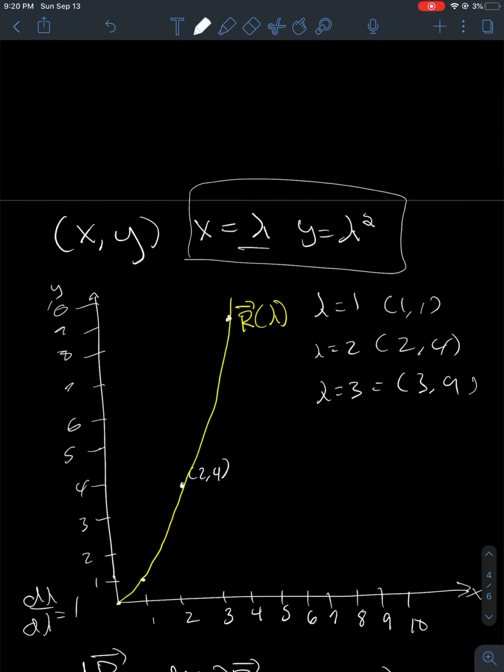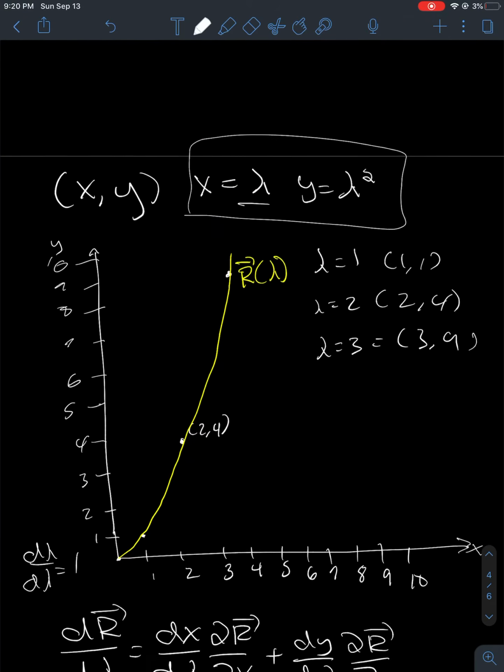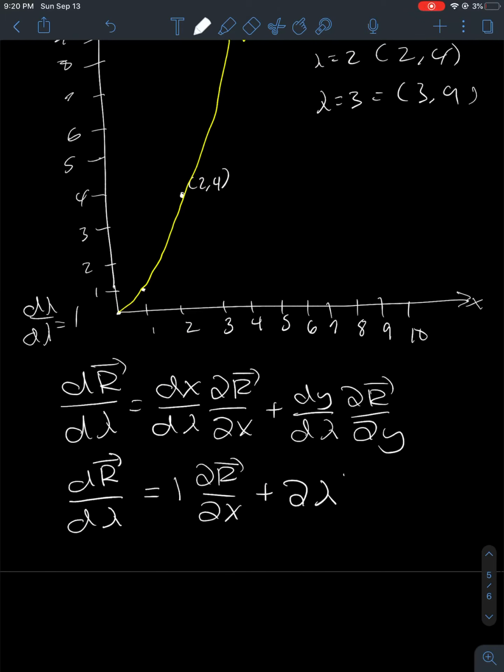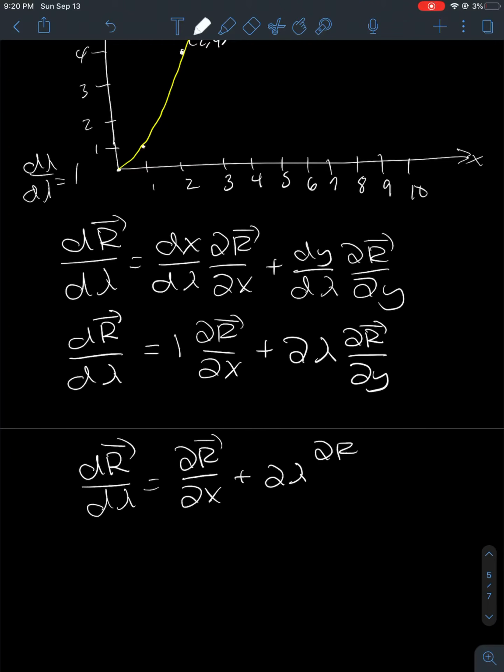Well, if y equals lambda squared, then dy over d lambda is going to be 2 lambda, times partial r over partial y. We can simplify things a tad bit: dr over d lambda equals partial r over partial x plus 2 lambda partial r over partial y.